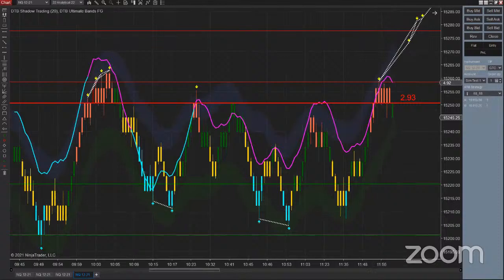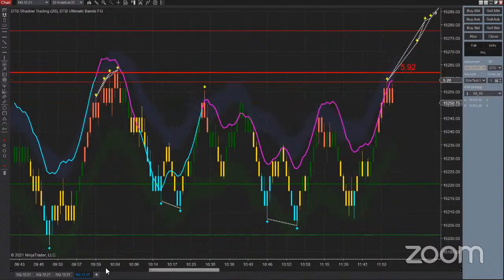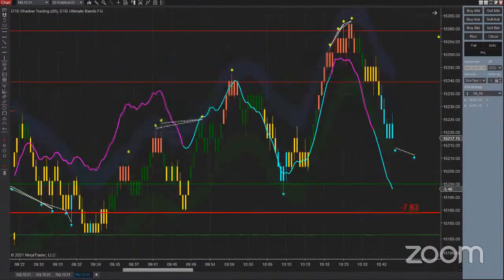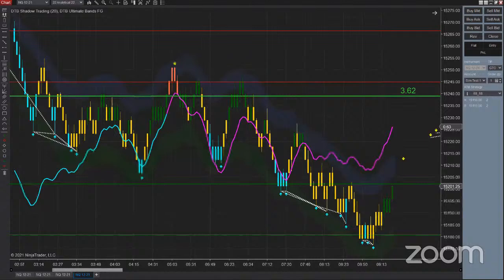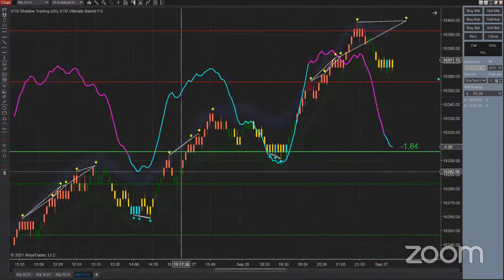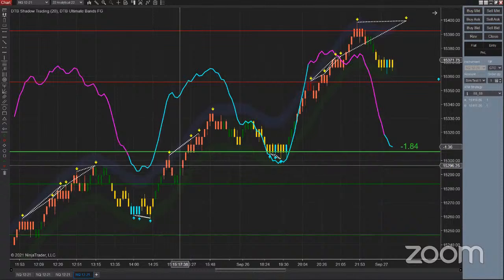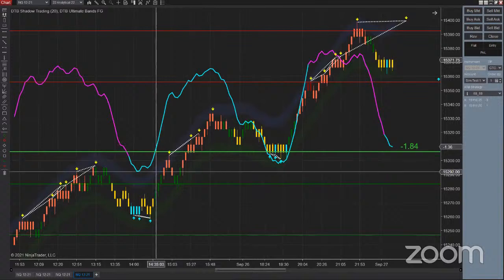So by doing this, you're giving yourself more of a confirmed entry. You're not getting the price right at the bottom of a move, but you're getting it after it's shown some strength. But just bear in mind that might not continue for a lot further.